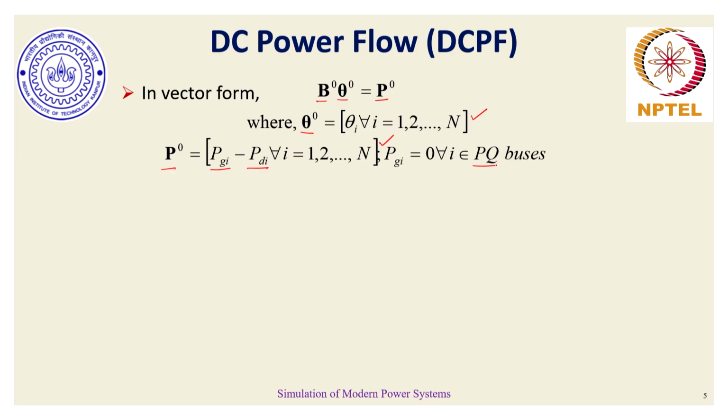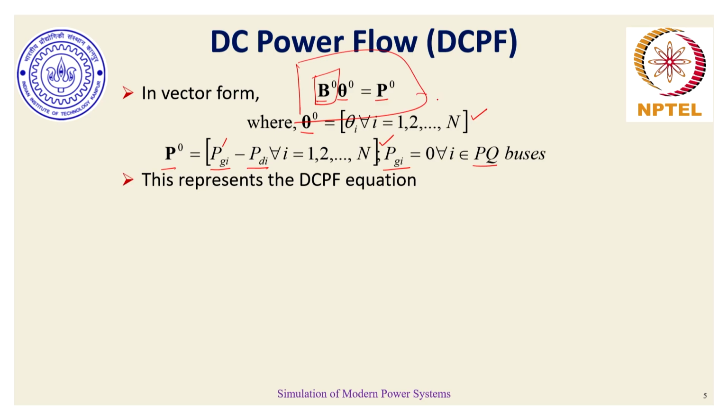For PQ buses, definitely there won't be a generator connected, so PGI is 0. For other generator buses, PGI may or may not be given; it could be 0 pu or any other non-zero value.